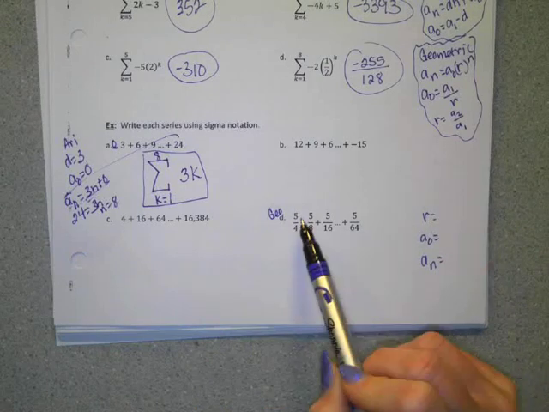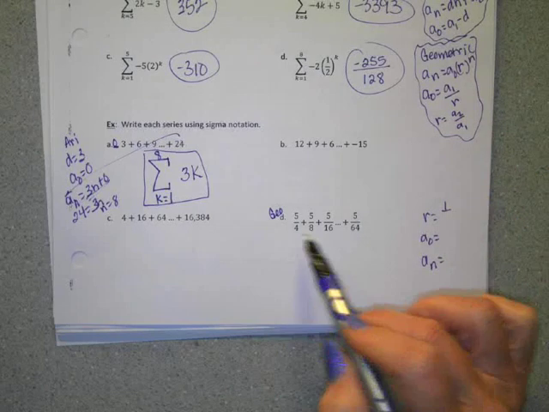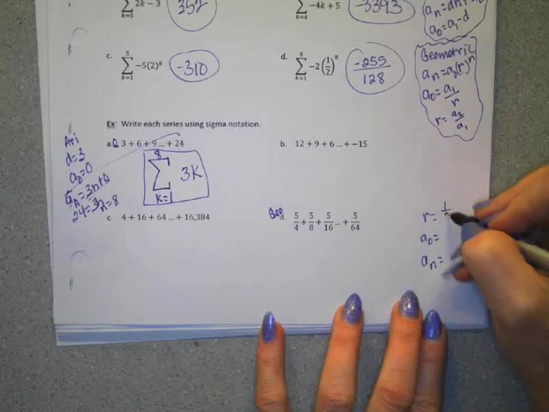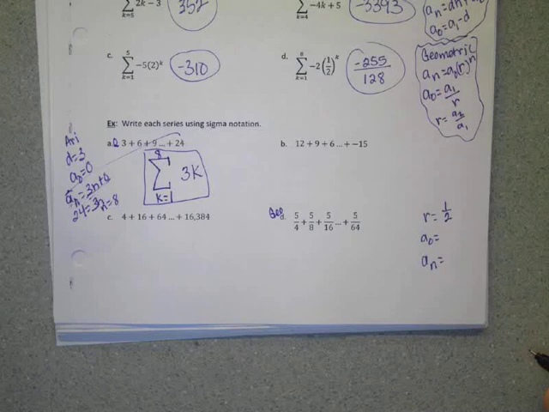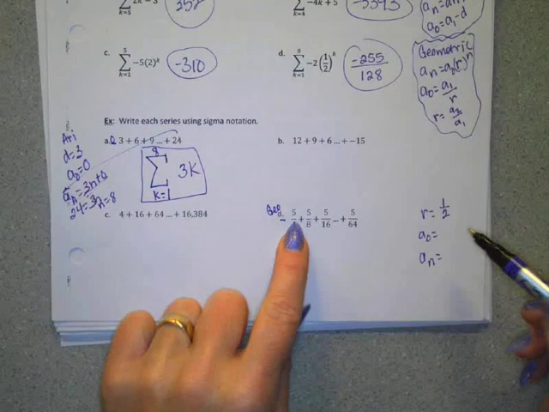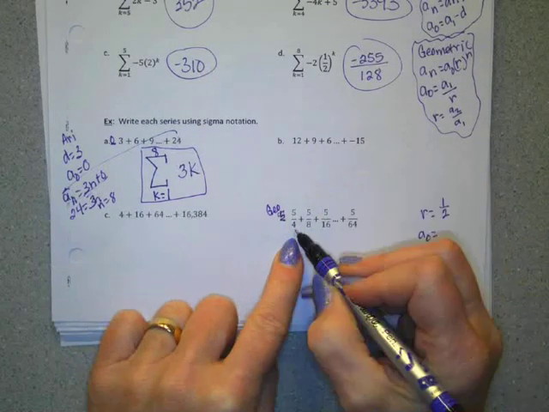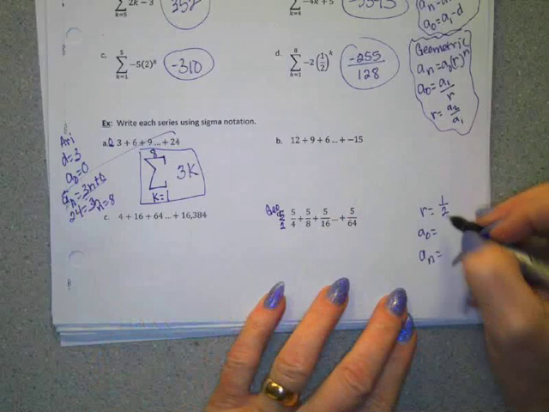So it's multiplying, it's staying 5, so that means they're multiplying by 1 in the numerator, and then it's going 4, 8, 16, 64, so that means they're multiplying by 2. So R is 1/2. So if I go back in time, I have 5/4 and I need to divide it by 1/2. Well, this would still stay a 5, and this 4 would be a 2.